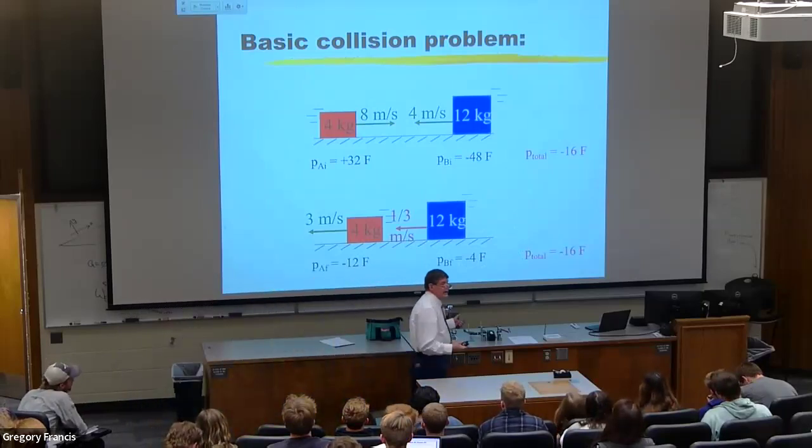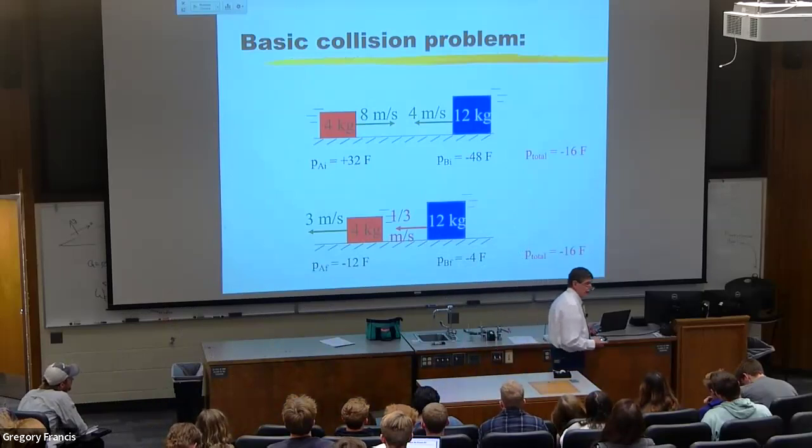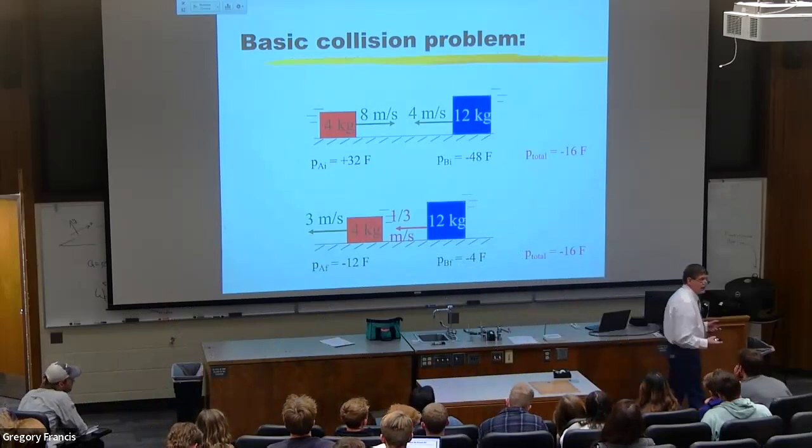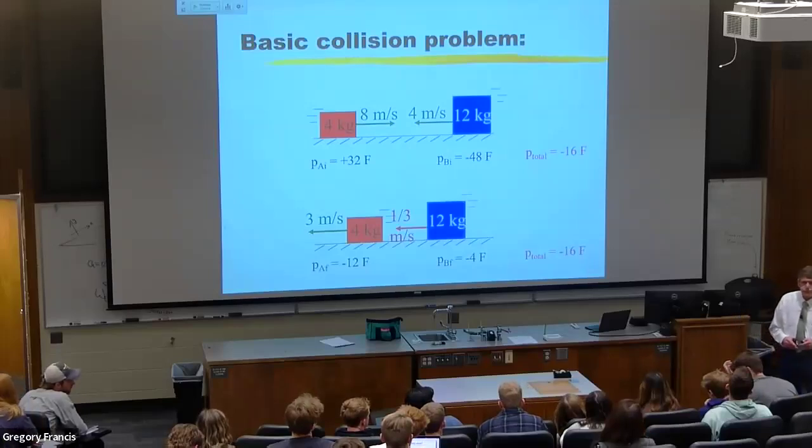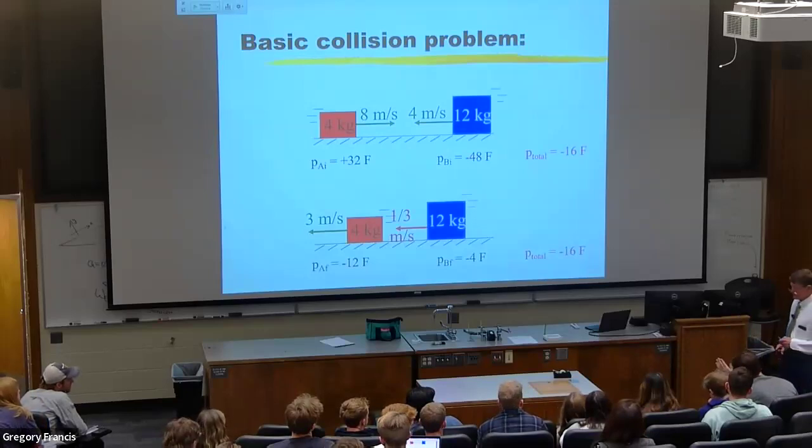Or I could say negative 1/3 meters per second. What I can't say is negative 1/3 meter per second left, because that's 1/3 meter per second right. Negative left is right. Also, 3 lefts make a right, if you remember from driver's ed.